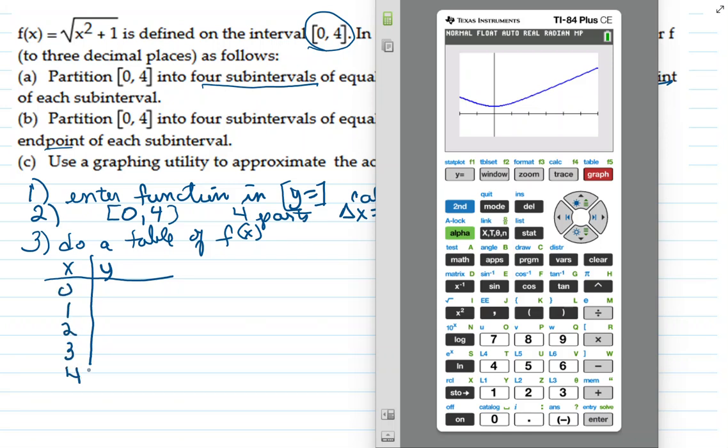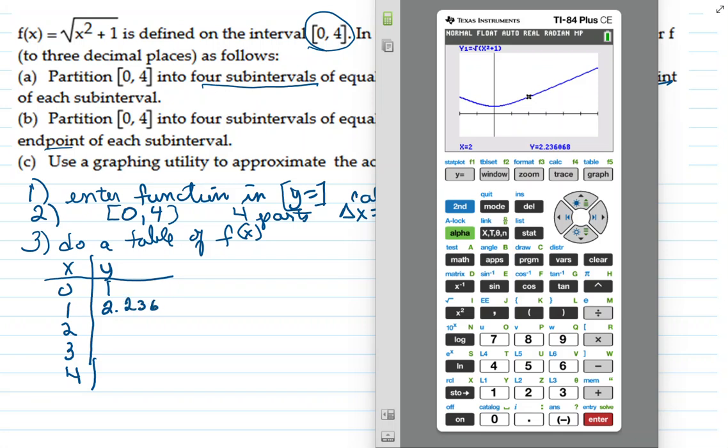Second calc, value at 0, we get 1. At 2, we're going to do an approximation. We're going to do 4 decimal places. 2.2361.